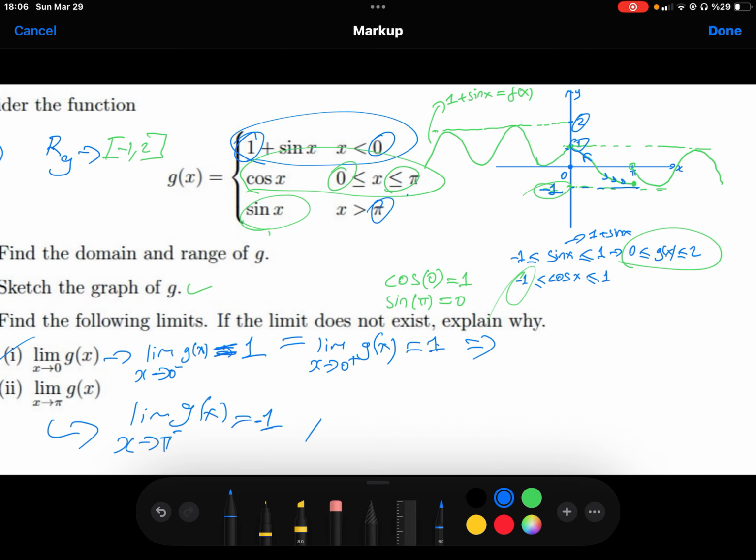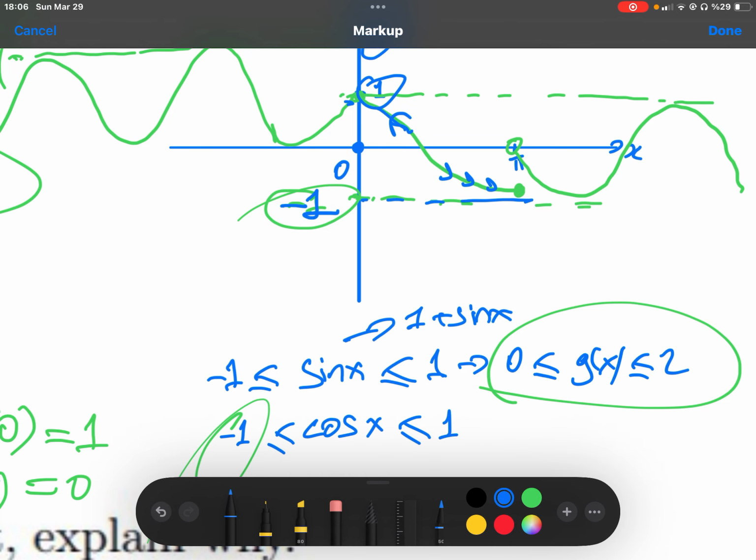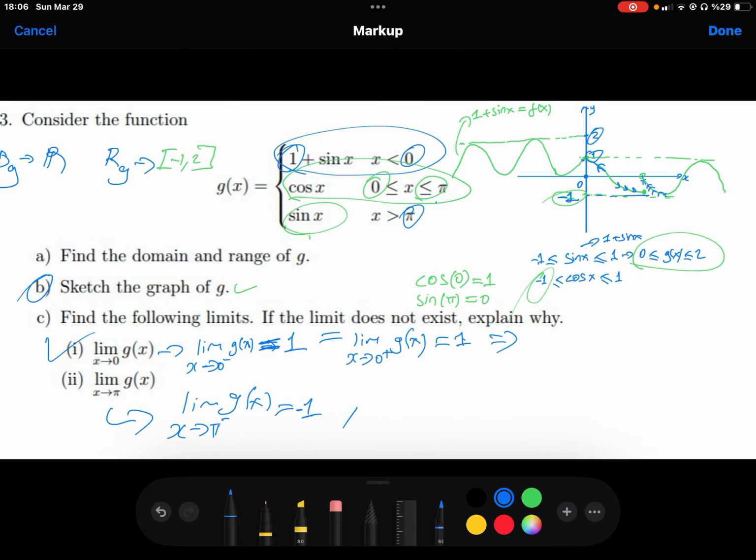For the other side, if we approach pi from the right, it goes to 0. So both sides are not equal to each other. So the limit doesn't exist.